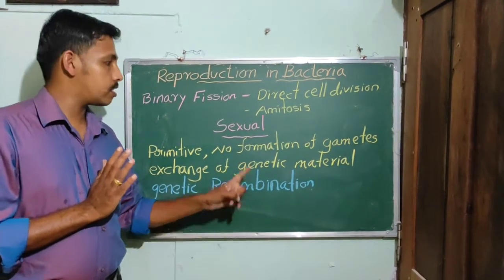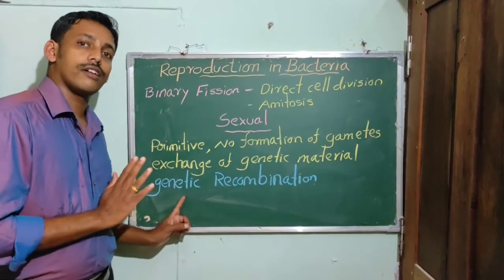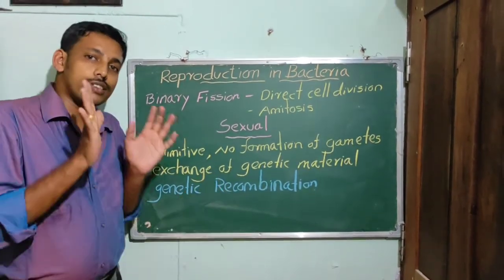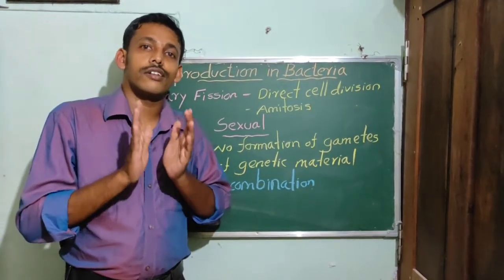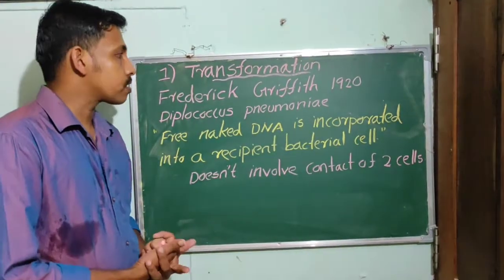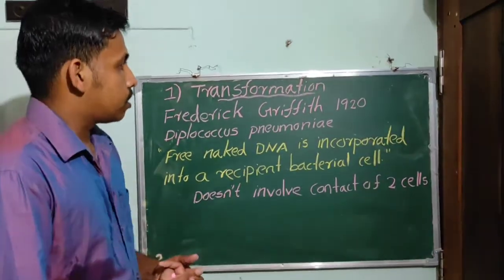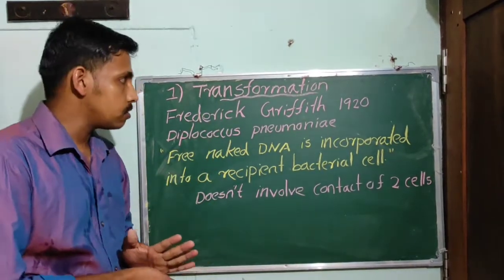Rather than sexual reproduction, a better name is genetic recombination. So let's see the types of genetic recombination in bacteria. The first method that we are going to discuss is transformation.